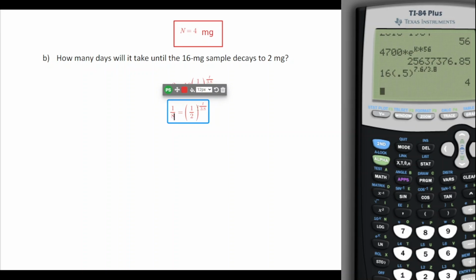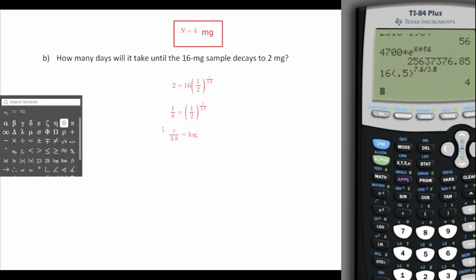Now we're going to rewrite this as a logarithm using the inverse property. And so I get t over 3.8 equals log base 1/2 of 1/8.